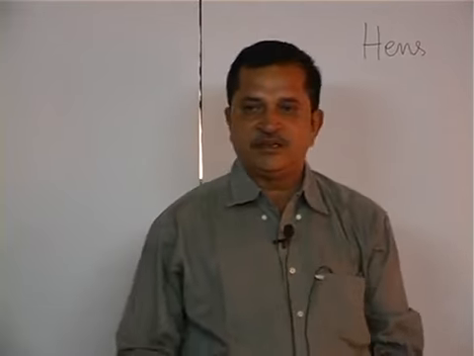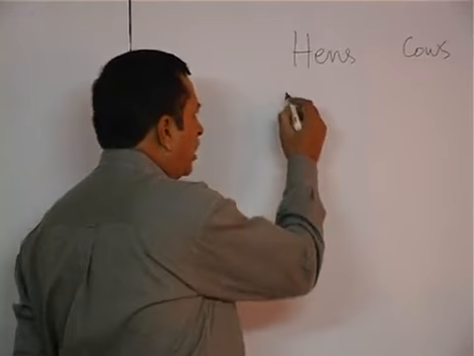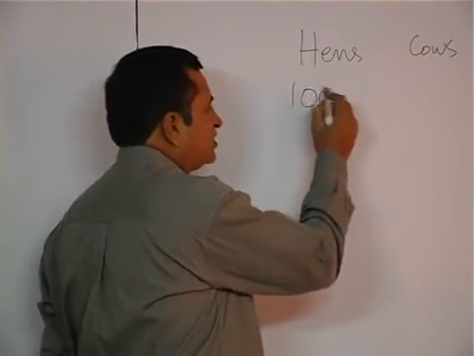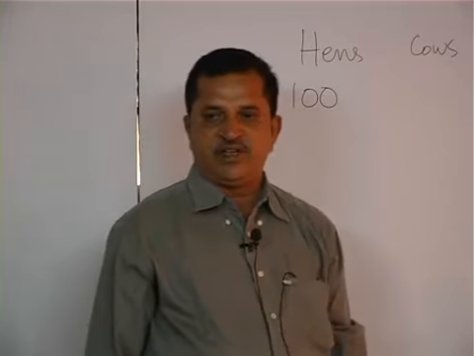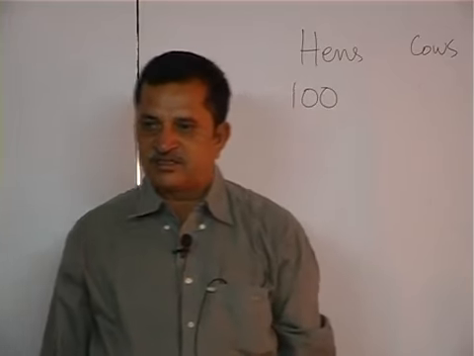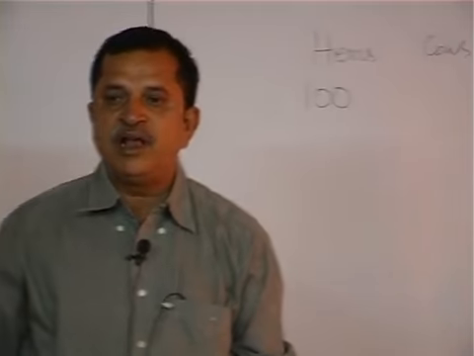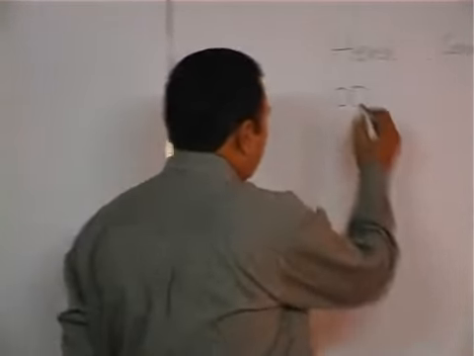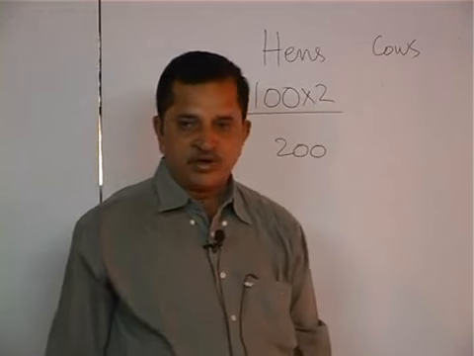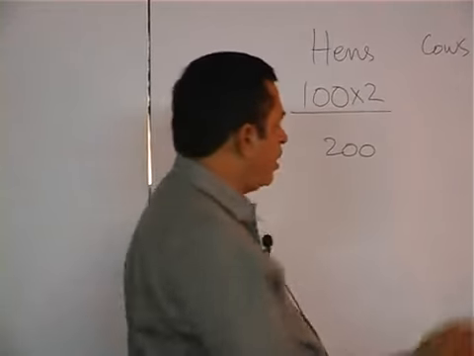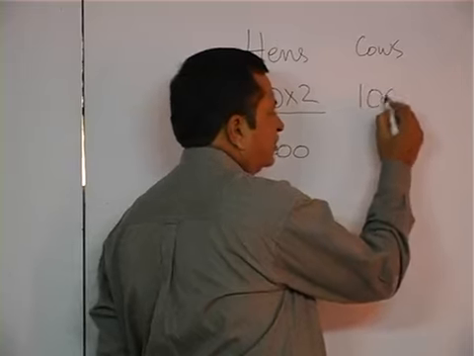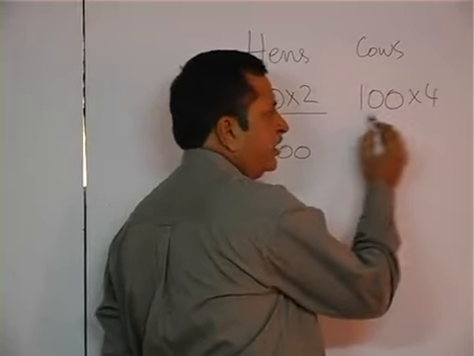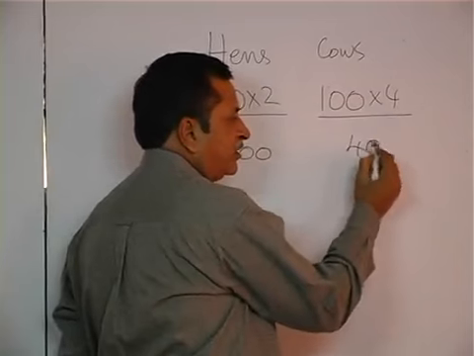Suppose I think all the 100 animals are hens. Then how many legs there should be? 200, because 100 into 2, the legs must be 200. Suppose if I think all the 100 are cows, how many legs there should be? 400.